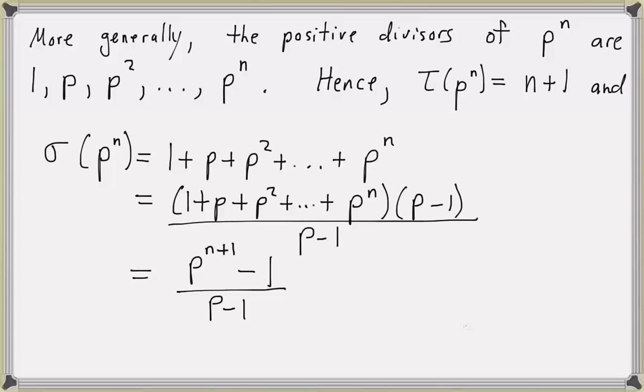So now we have formulas for tau of a prime power and sigma of a prime power. Once we can show that tau and sigma are multiplicative, that will enable us to completely determine the values of these functions. So first, we need to prove the following theorem.